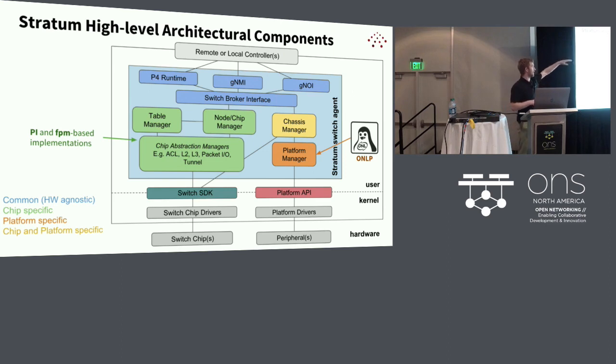Sitting on top of this, we have a broker interface that provides a boundary between the box-specific mappings and common implementations of P4 runtime, gNMI, and gNOI. So every Stratum implementation will share P4 runtime, gNMI, and gNOI, and by sharing the code at that layer, that's how we help provide common semantics across different boxes.